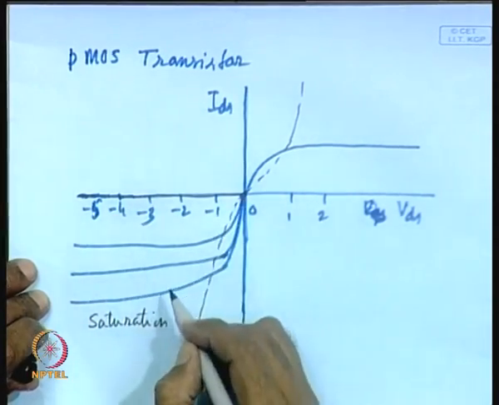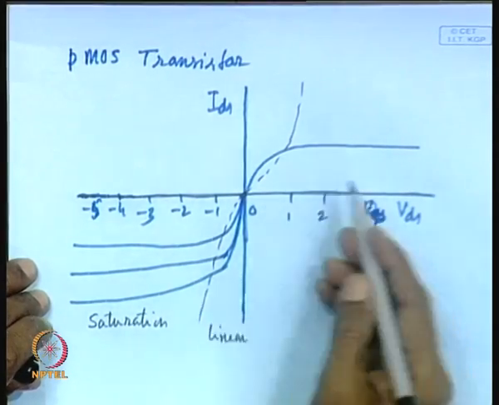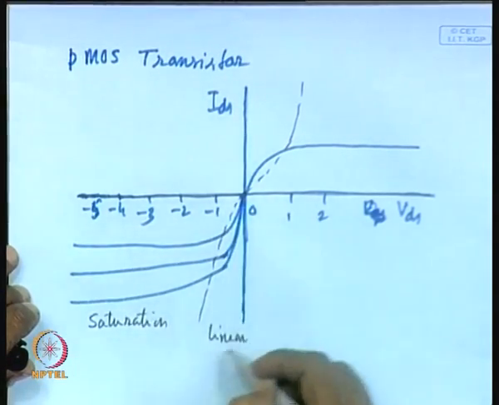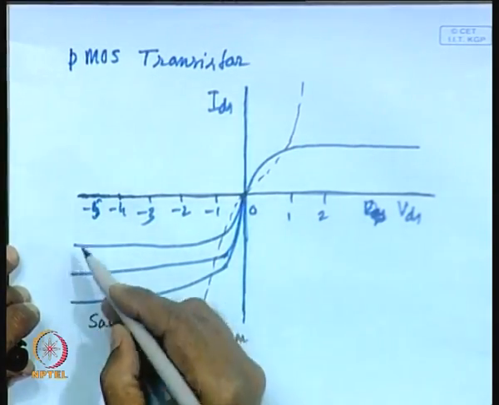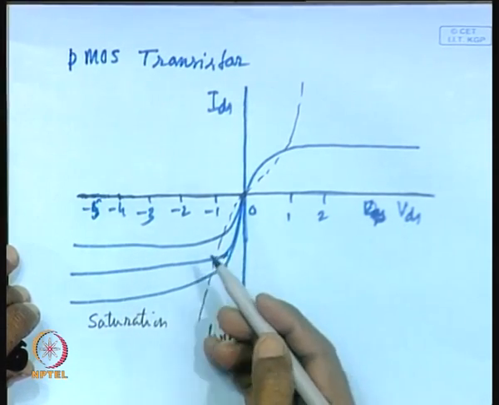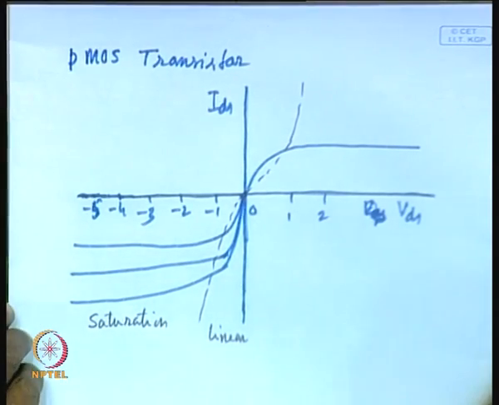This is the cutoff region for PMOS transistor, this is the cutoff region for NMOS transistor. So, the characteristic curve for PMOS transistor will be on this quadrant, both for enhancement type and depletion type. Okay.